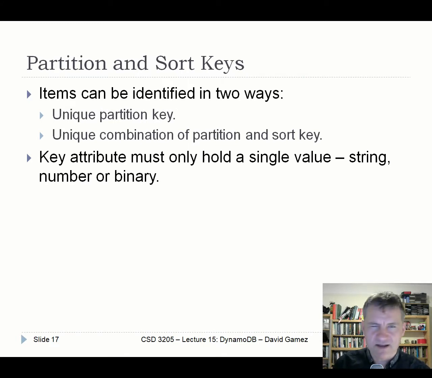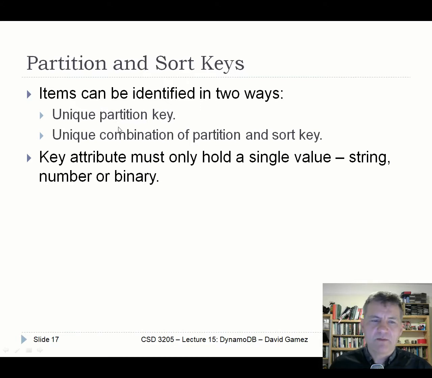I think there's some way to auto-generate stuff in DynamoDB, but I haven't explored it. Relational databases are the same: each table has a primary key. So it's not that surprising that we have something similar in DynamoDB. We have what's called a unique partition key, so we can associate each item with a unique partition key.